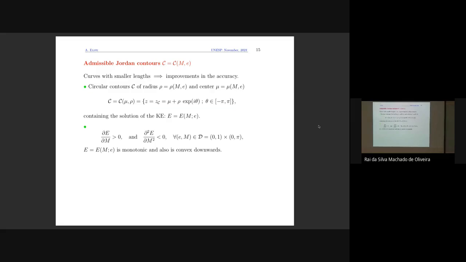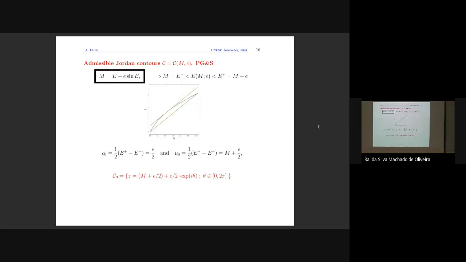And we have this, the eccentric anomaly, the blue line in terms of the mean anomaly.